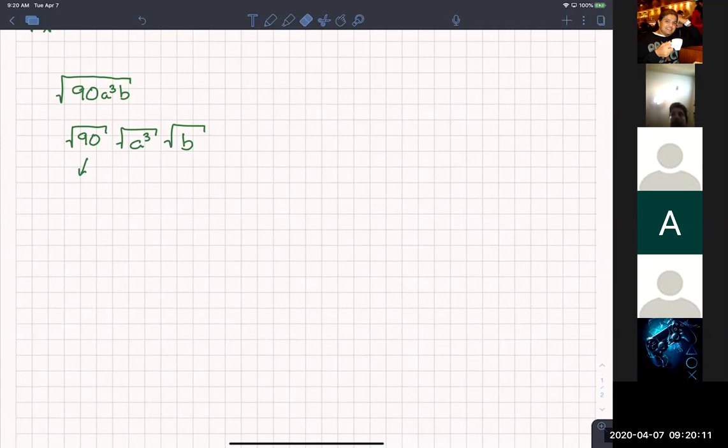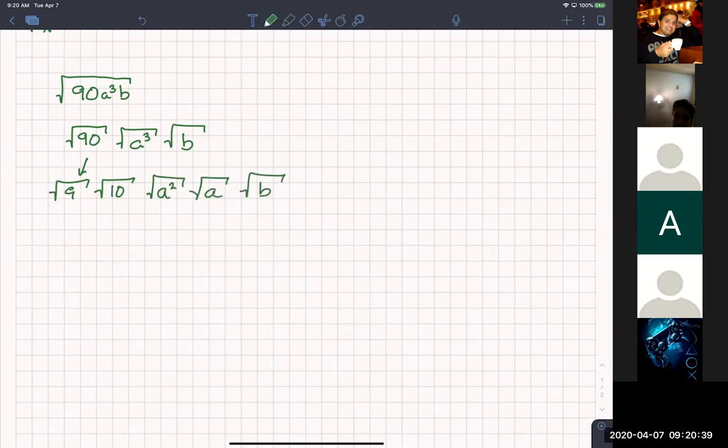Remember, we separate these into two factors, one a perfect square. What factor of 90 is a perfect square? 9 and 10. Remember, a cubed separates into a squared and a. And this is b.